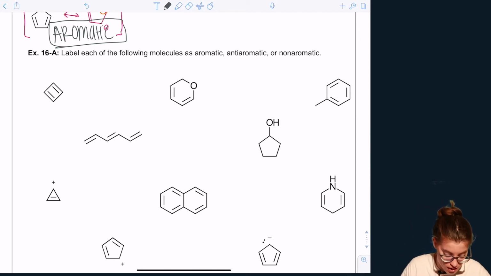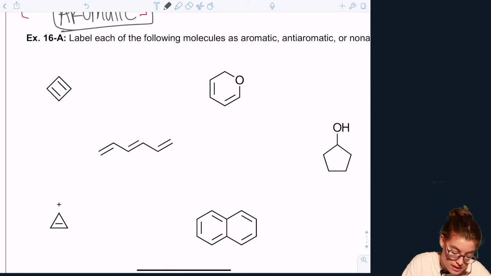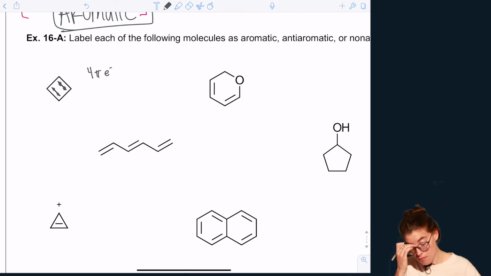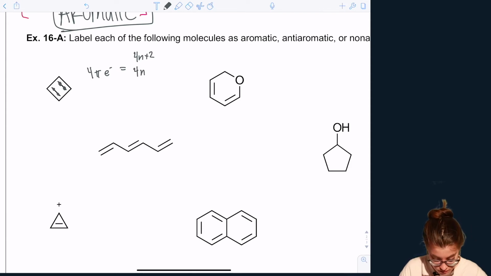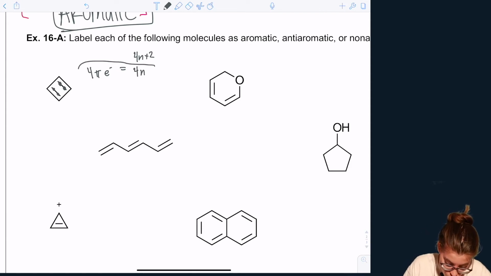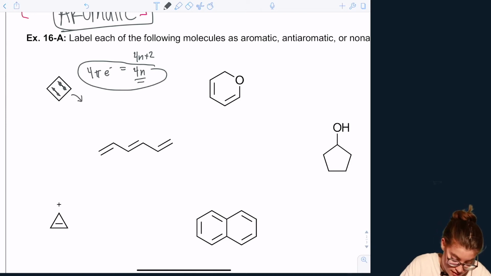I just have to figure out which one. So how many pi electrons does this molecule have? Well, it's got 1, 2, 3, 4 pi electrons. So how am I going to get to 4 pi electrons? And am I going to use the 4n plus 2 equation or the 4n equation? Well, I'm going to use the 4n equation, which means that this molecule is anti-aromatic.